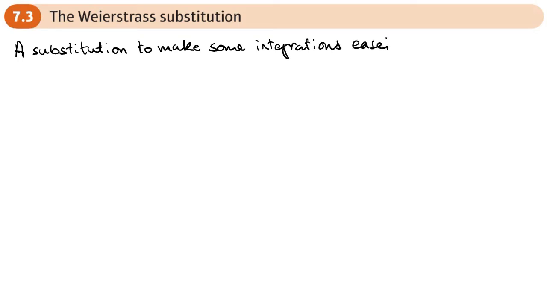Now, you would have already learned, hopefully, if you've done Pure 2 already, integration by substitution. I'll put a link in the description. So integration by substitution is in Pure 2.